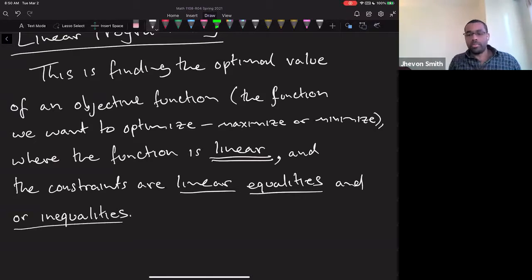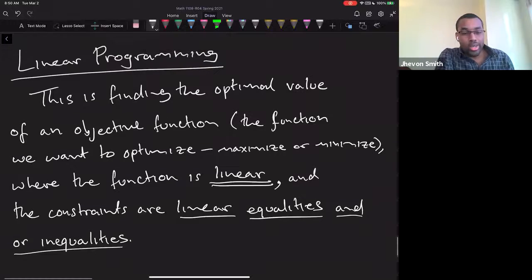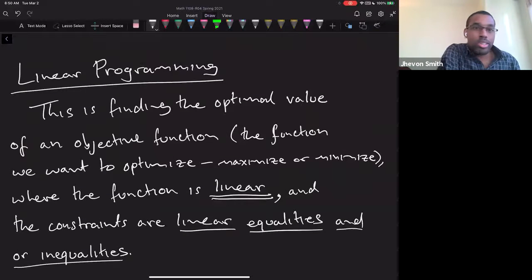Right. So if you have something that you want to optimize and that thing is a linear function, and at the same time, all your restrictions can also be described by linear functions, then it turns out you can optimize that situation by doing something that we call linear programming, basically.